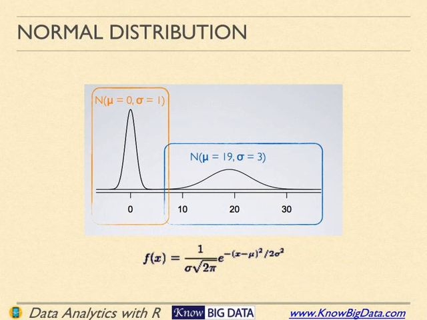And interestingly, the whole graph can be drawn with 2 variables. You only require 2 characteristics to draw various kinds of normal distribution. First thing you require is average, and second thing you require is standard deviation.